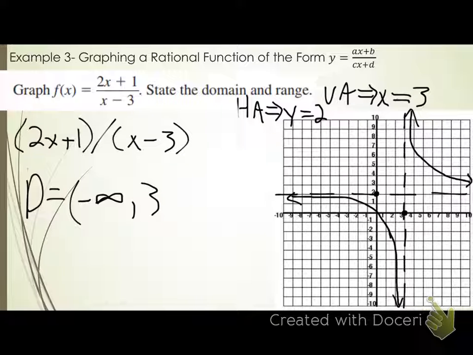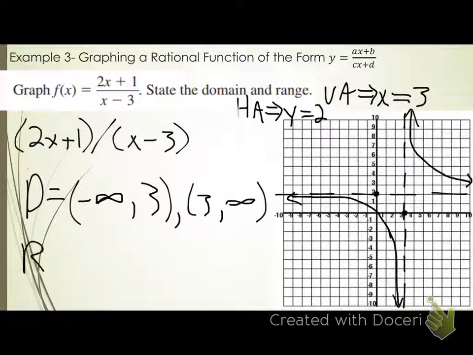Does 3 get a bracket or a parenthesis? Parenthesis because it's not included. And you said 3 to infinity. Very good. Questions how we got our domain? Once again, we're using our vertical asymptote. It's going to be all real numbers except for the number that x equals, because that's my vertical asymptote. It's never going to touch that number.